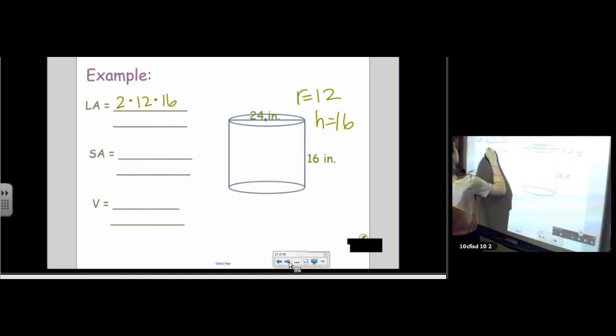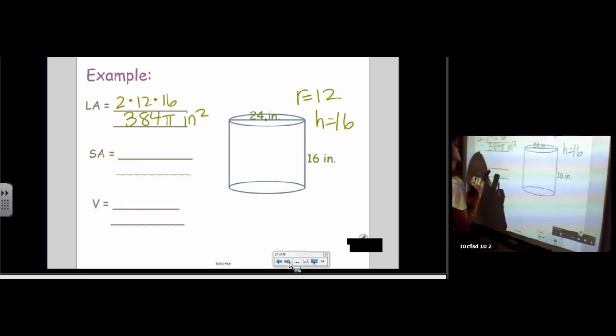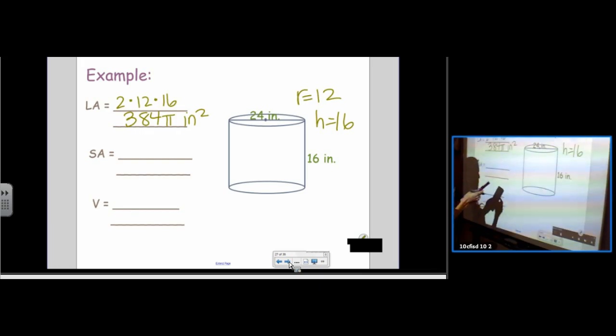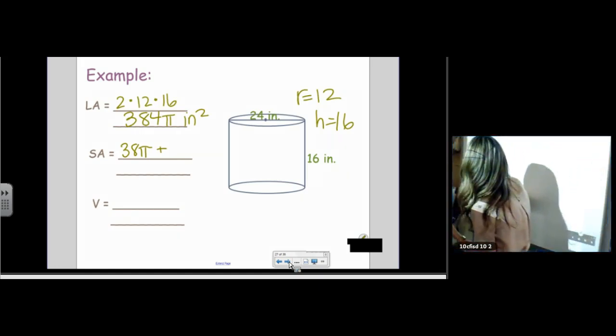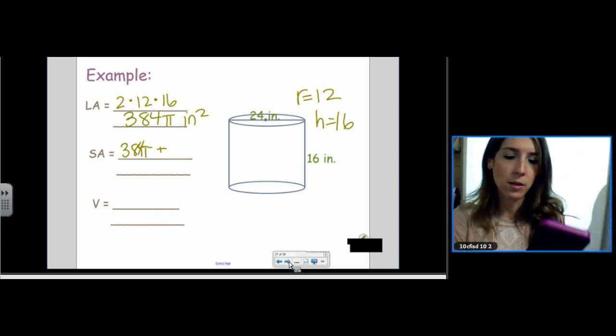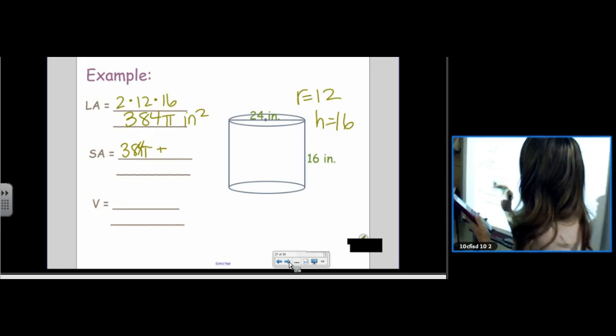Okay, the total surface area. Don't forget, to find the total surface area, you are going to use some work that you already did. Don't recreate the wheel. Use the one you already created. So it's 2 pi RH, which we already found, plus 2, skip over pi, r squared.